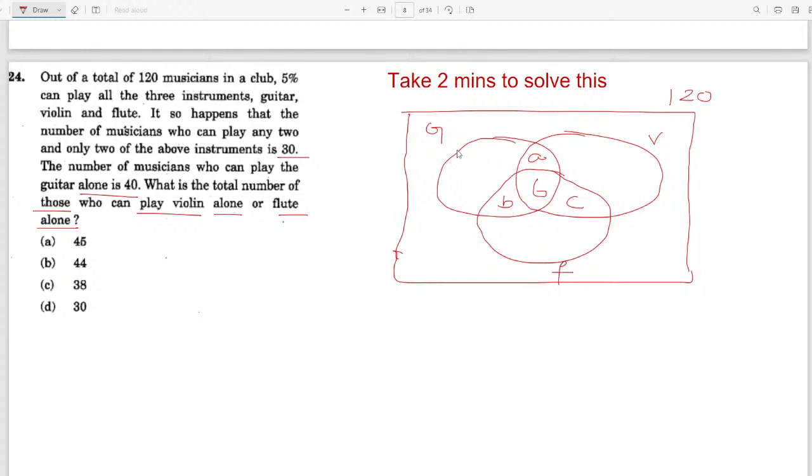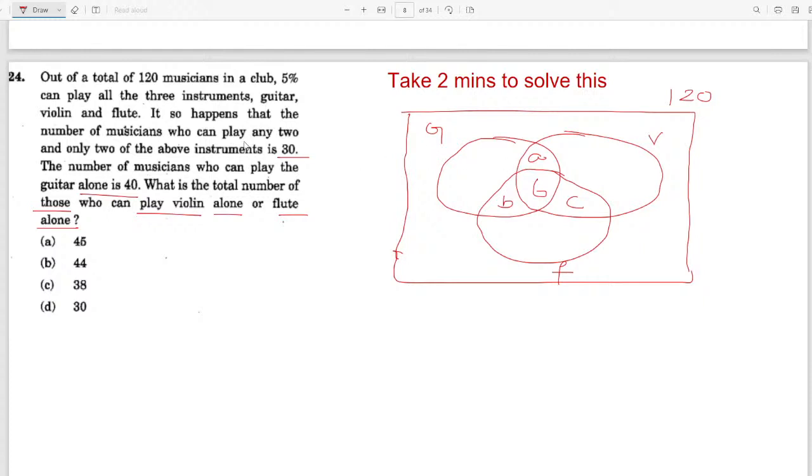So the number of musicians who play only guitar and violin is A. The number of musicians who play only guitar and flute is B. And the number of people who play only violin and flute is C. So what they're saying is that the number of musicians who can play any two and only two, the maximum is 2 and the minimum is also 2.